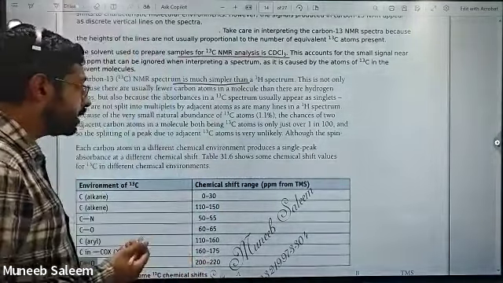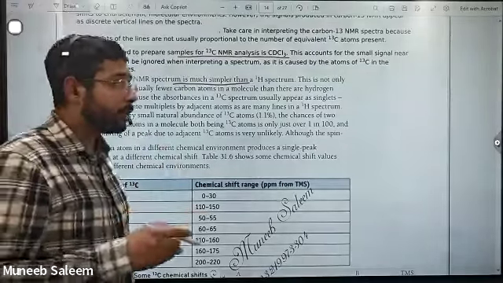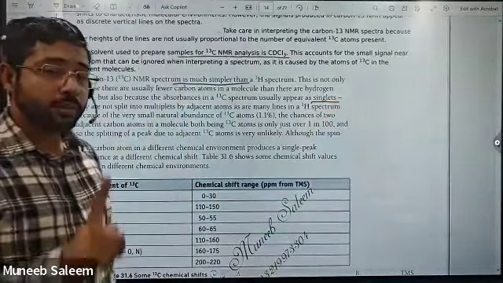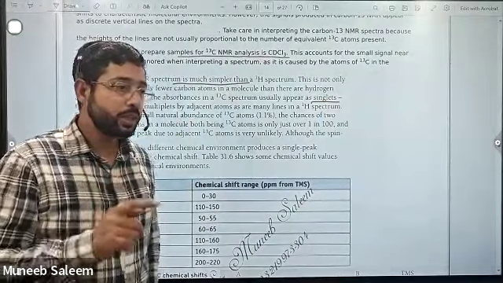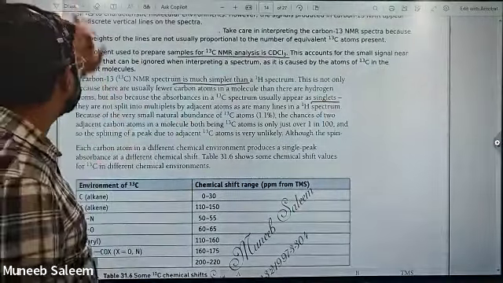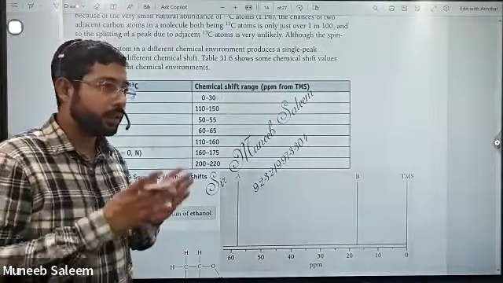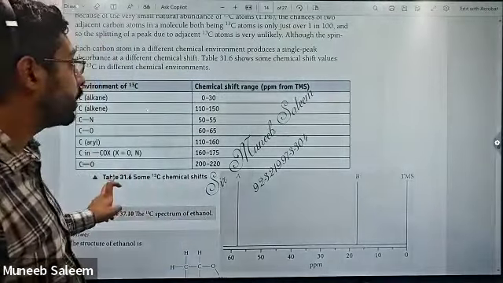More especially, there will be only single lines for all the carbon atoms. That word is used here: singlets. That represents that single straight vertical lines are used to indicate the carbon atoms, whereas in the case of hydrogen atoms we have splitting of the single line. Even one single line is split into multiple lines.